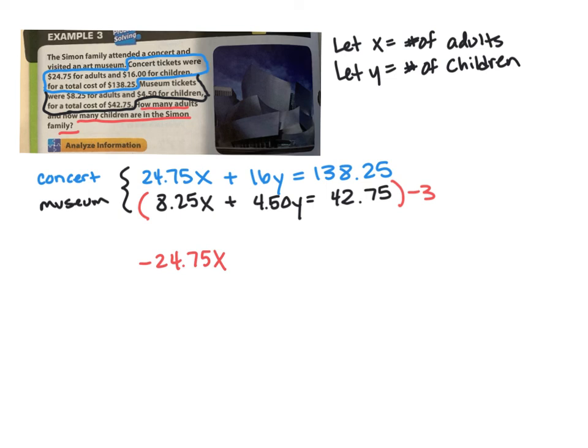It's going to be a negative 1350. And then I will do a negative 3 times positive 42.75, which will give me a negative. Positive times a negative is a negative 128.25. That is the amended equation when I multiply by negative 3, so I could get that opposite of that.